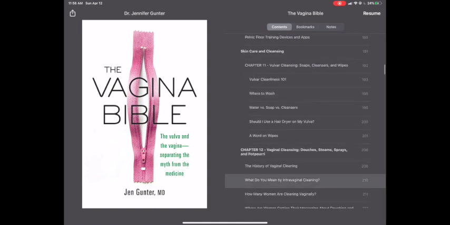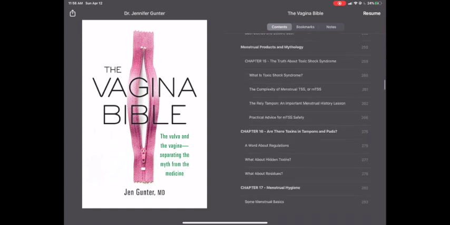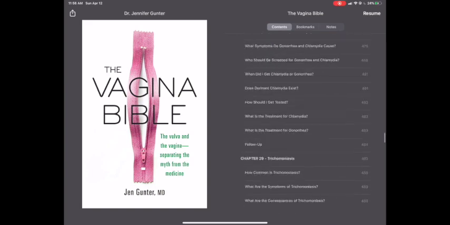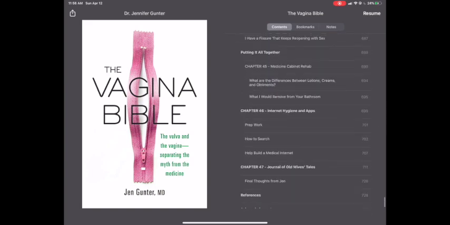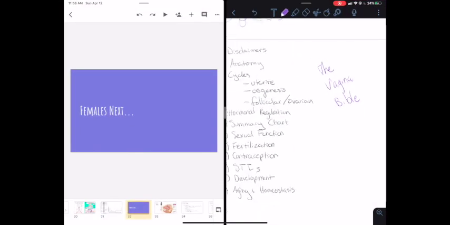It is an awesome book, so I highly recommend it, and she cites her sources. I think there's a total of, let's see how many chapters, 46 chapters, so I'm not even finished with it. I try to read it in my free time whenever I'm in the mood for it, so there's a lot in there. Okay, let's go back to this.